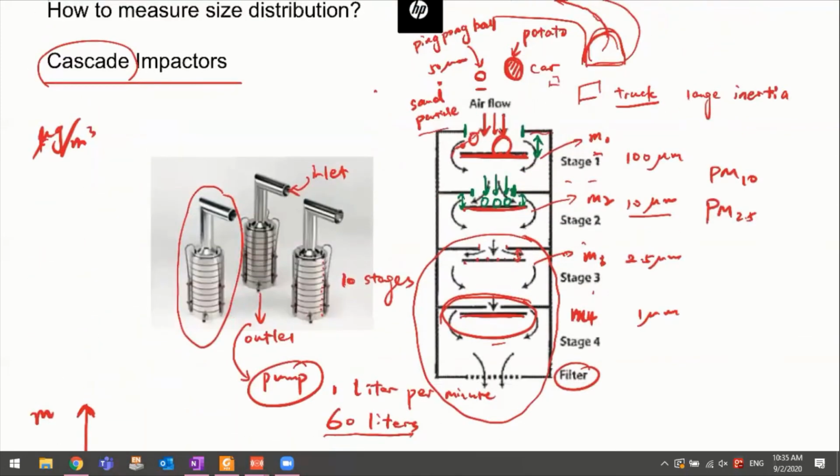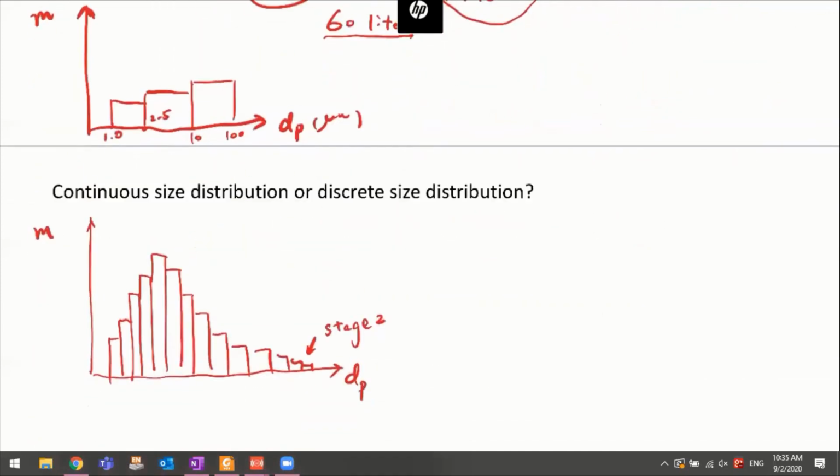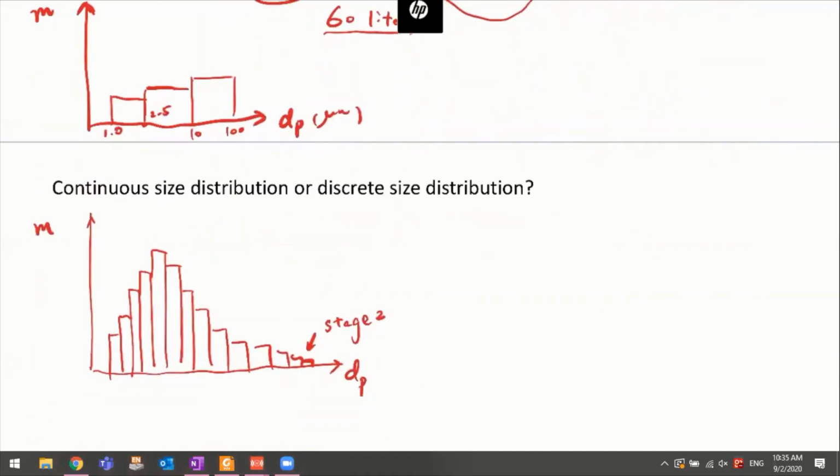Mainly because the first stage collects everything above a certain size. It's only the second stage that we can get within a size range. The second stage is 10 to 100, right? So here, this is a size range. This is going to be stage 2, 3, 4, 5, 6, and so on and so forth.